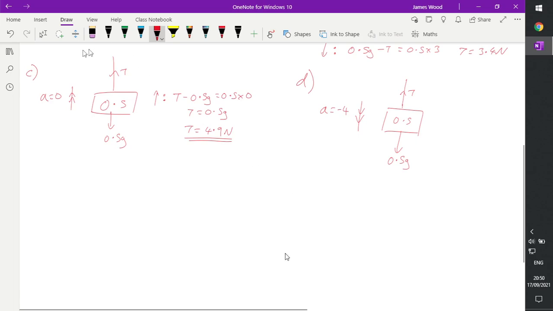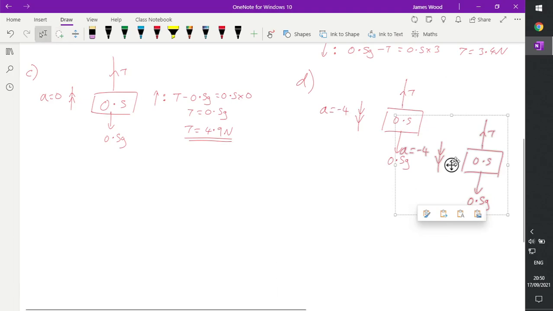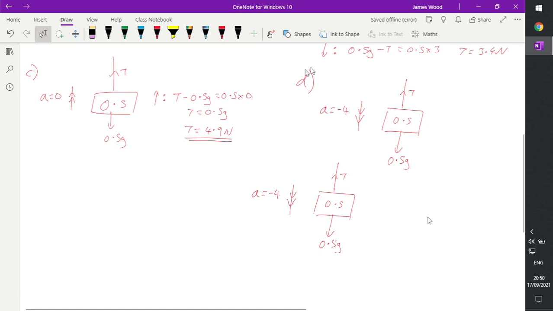So I could draw the same diagram, but instead of A equals minus 4 downwards, I could say that's equivalent to it accelerating upwards at A equals 4. And if we resolve this, I'm going to resolve upwards.